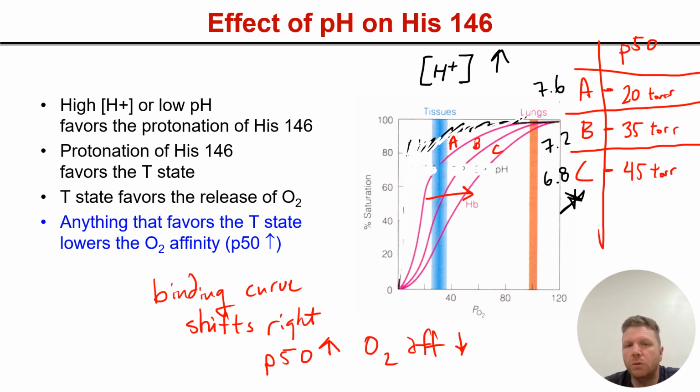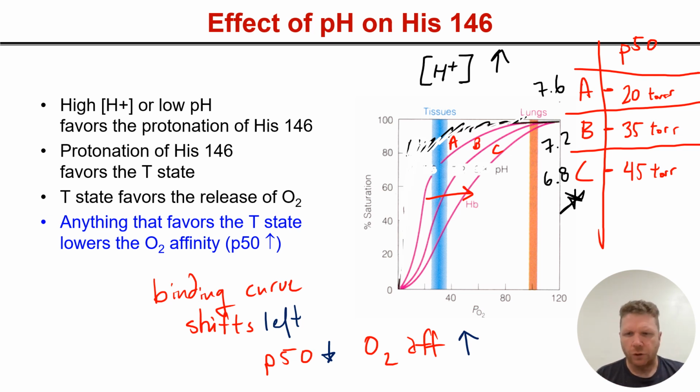So that means your affinity for that ligand has gone down. Now, if the binding curve shifts left, well then our P50 has gone down and our O2 affinity has gone up.